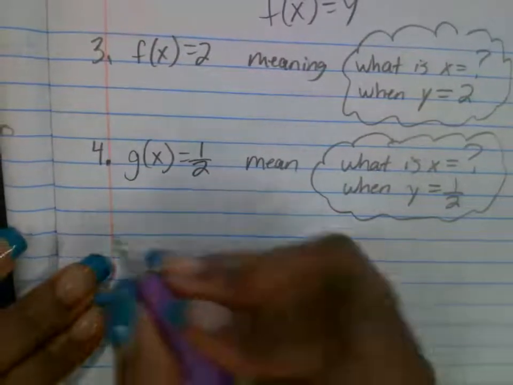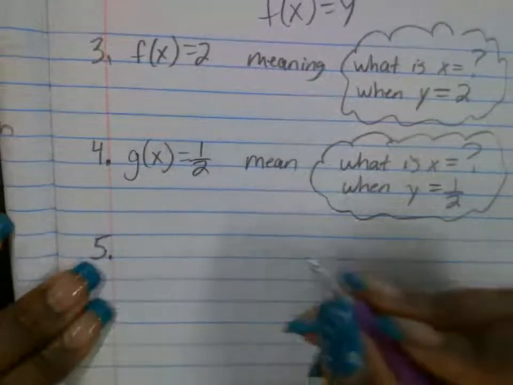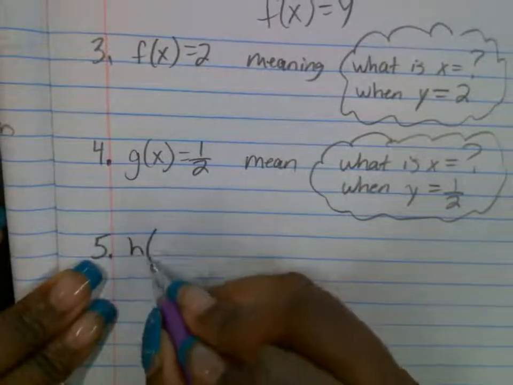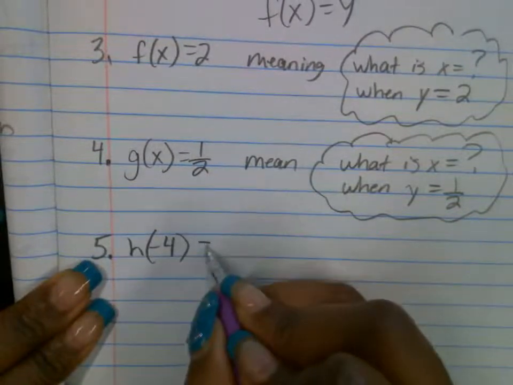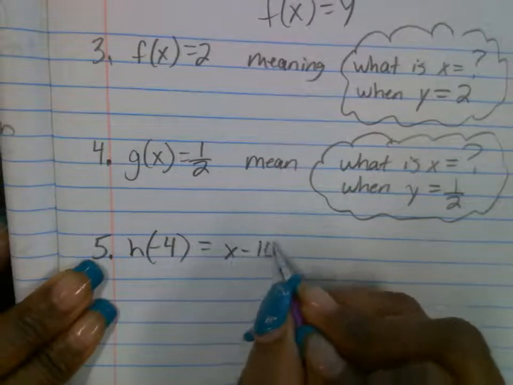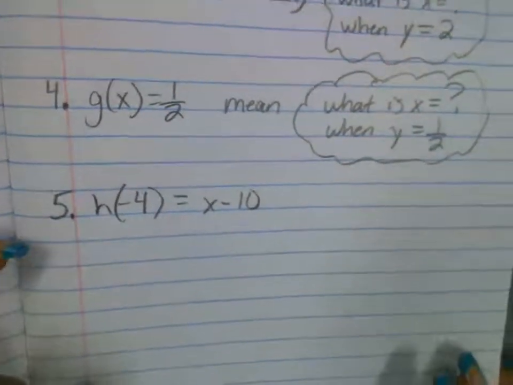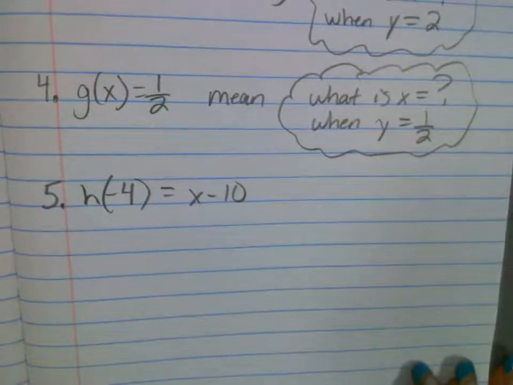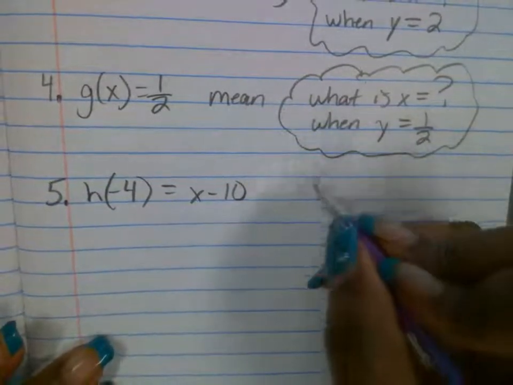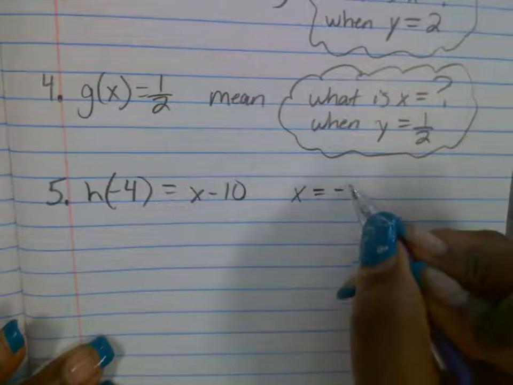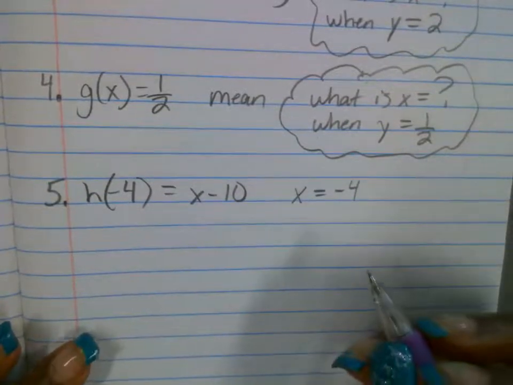Number 5. We're going to use h. H of negative 4 is equal to x minus 10. Pause to see if you can do this one on your own. All right. So this is saying x is equal to negative 4. Okay?